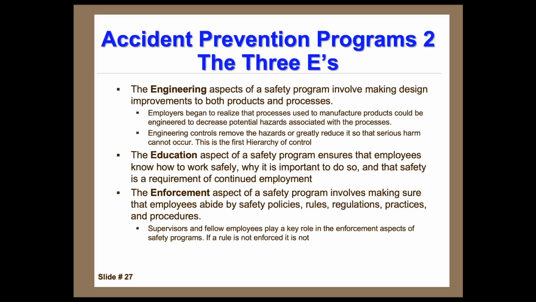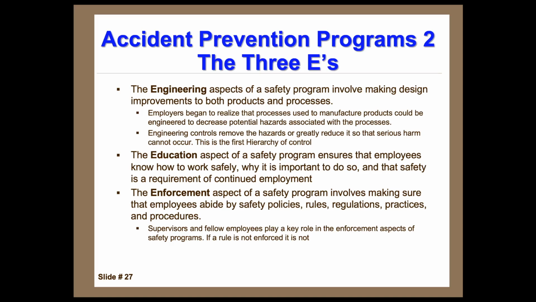Again, a few more examples and points for the 3 E's. The engineering aspects of a safety program involve making design improvements to both products and processes, because if we need good products, design improvement must be applied to products and processes so that we get good products for the market.